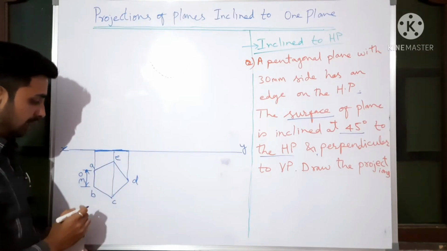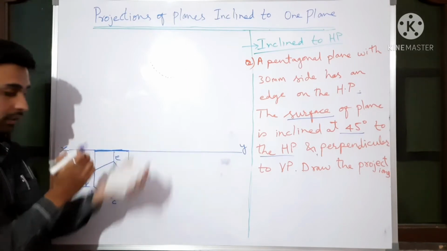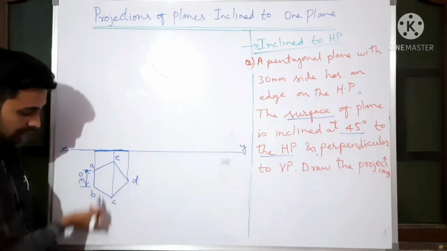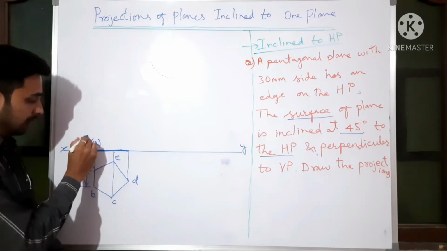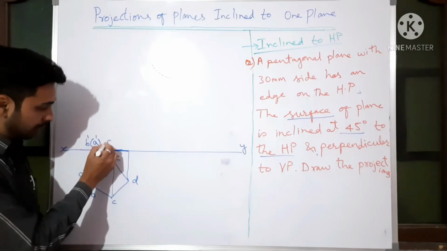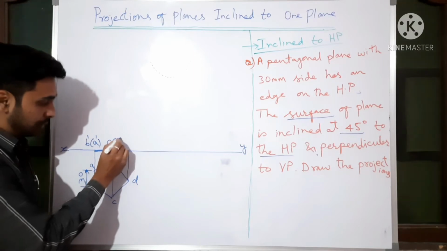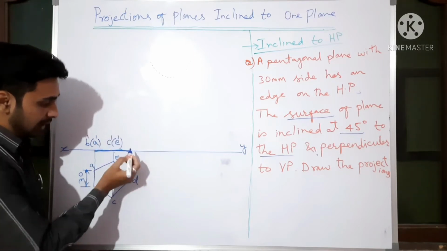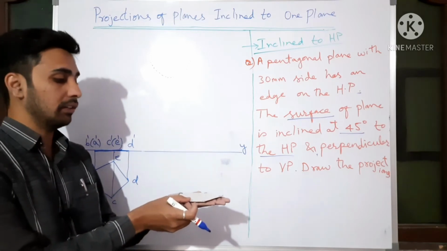Now if you see, first point is B, then comes A. So from here you need to see what comes first, B, then A. As it is the front view, dashes will come. First comes C, then back side is E, because we are looking from here for front view purpose. Then D dash, like this. Then surface angle, how much? 45 degree.